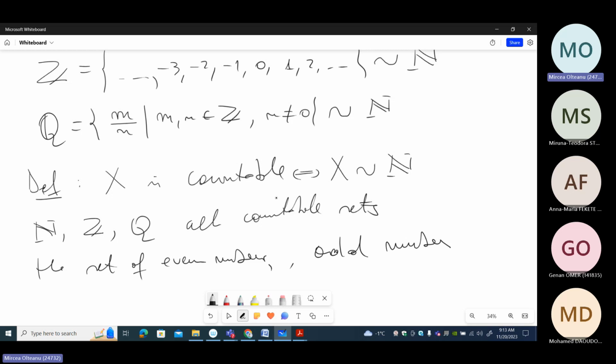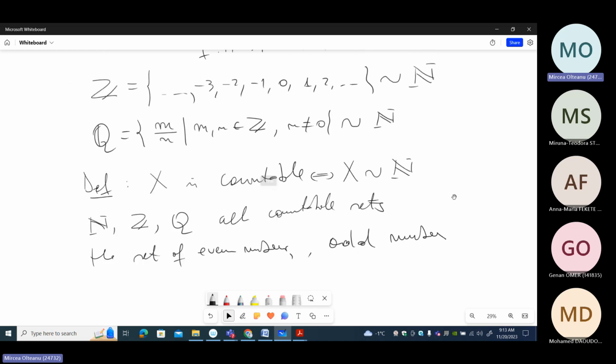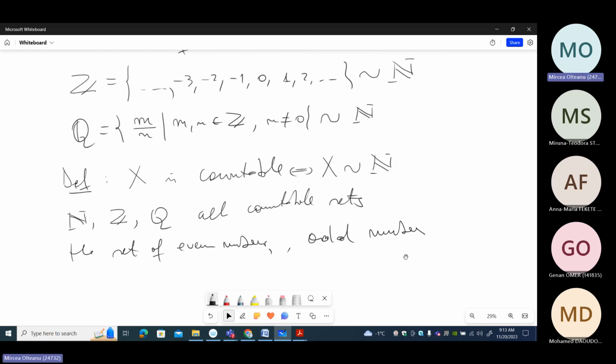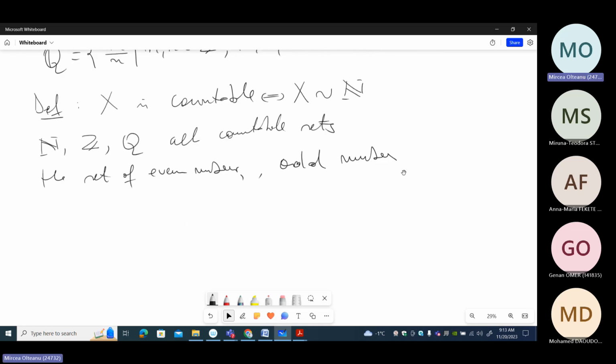Actually, attention, what I'm telling you now is important: every infinite subset of the set of natural numbers is countable. So countable sets are, in the world of infinite sets, those sets with the least number of elements.